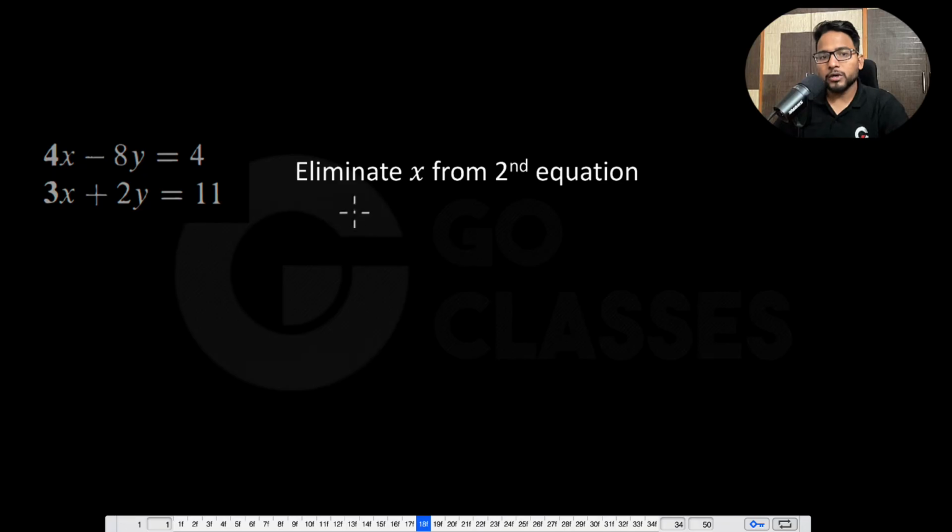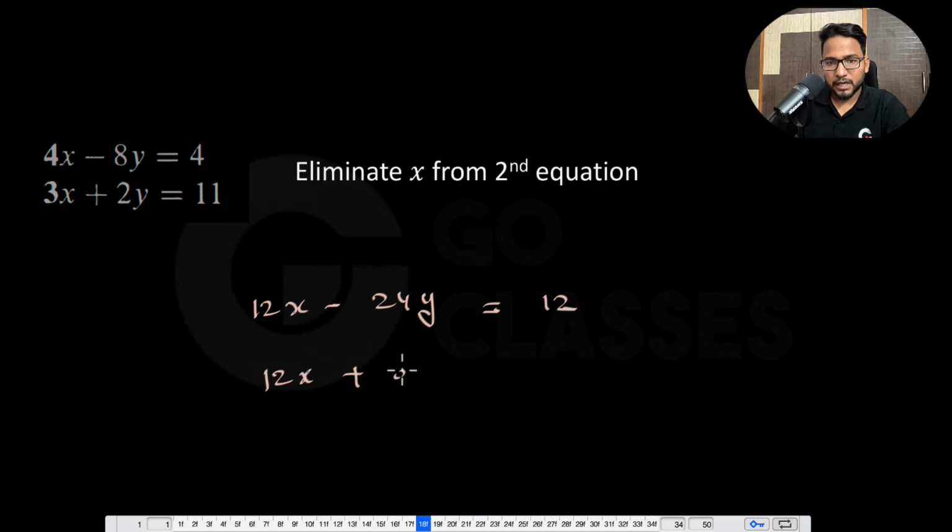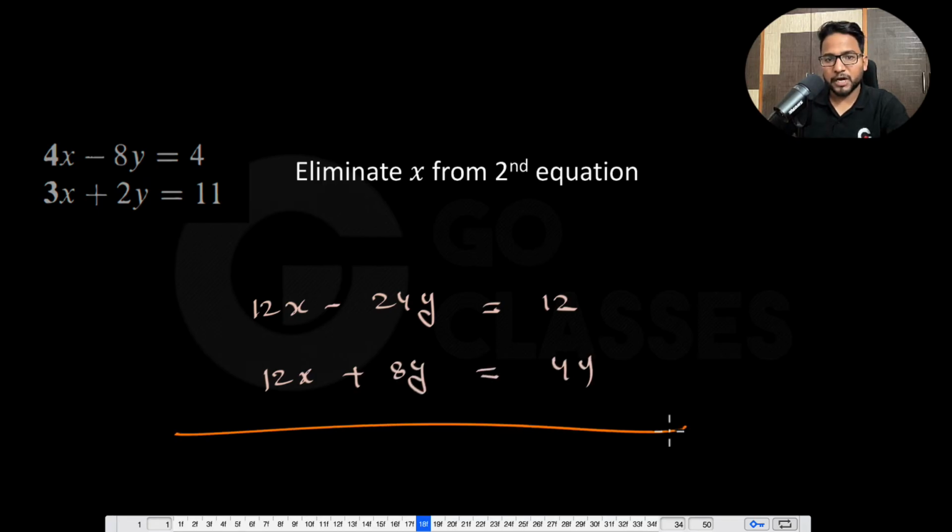Now what you need to do is eliminate x from just one of the equations, maybe the second one or third or the first one. So let's just do it, right? To eliminate this x, we can multiply by 3 here. This will be 12x minus 24y equal to 12. If you multiply by 4 here, it will be 12x plus 8y equal to 44, and then you can subtract one from the other.